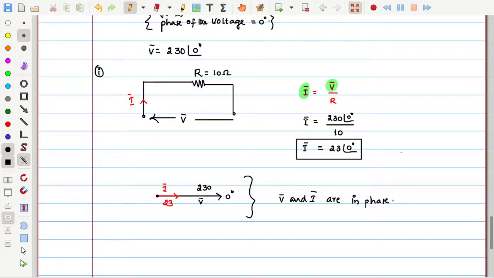For example, another way: if voltage is equal to, you tell me now, something like 230 at an angle of 20 degrees, what will be the current phase for a resistor? Leave the magnitude. How much angle will I get for the current?